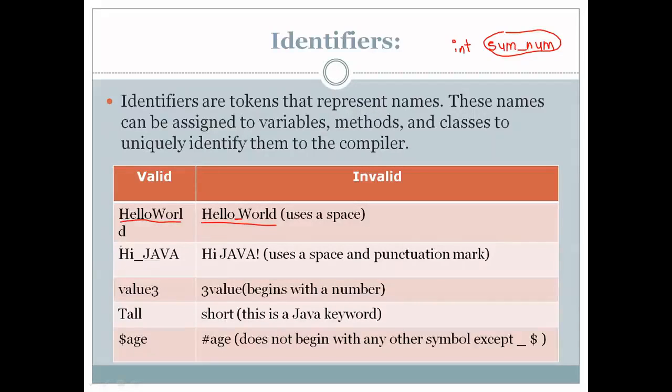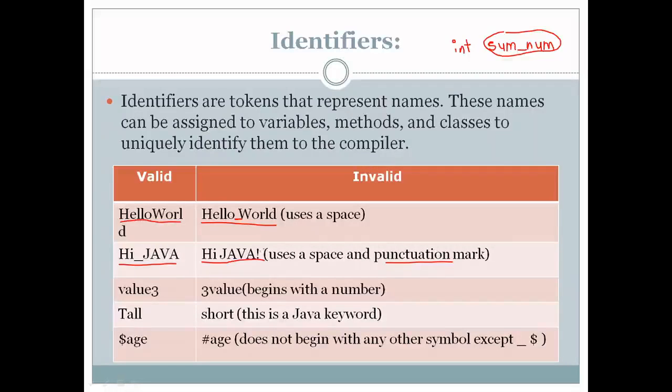Okay, the second valid identifier is hi_Java. So this is a valid identifier, a valid name, but in case of this invalid, we have "hi Java" and exclamation mark. So what is the problem with this second one? The problem is use of punctuation mark.